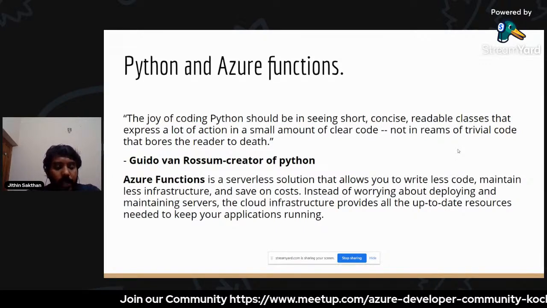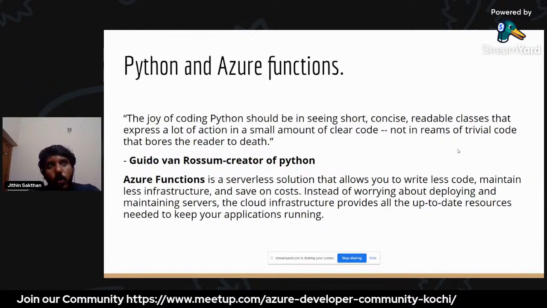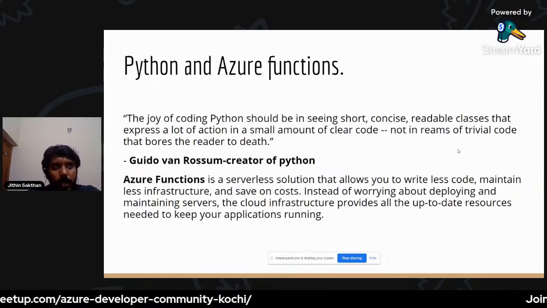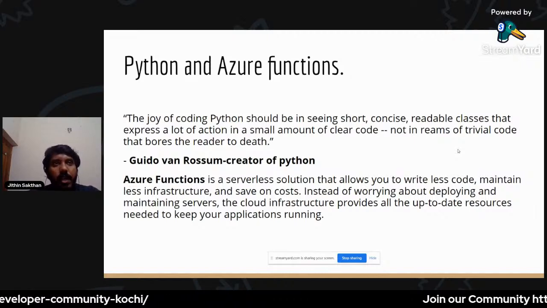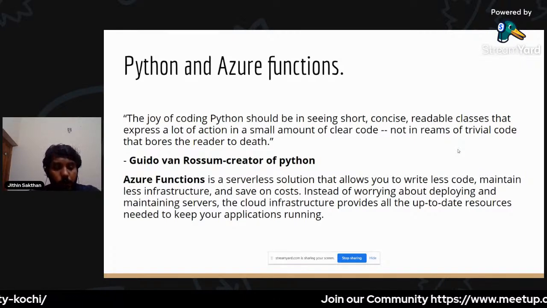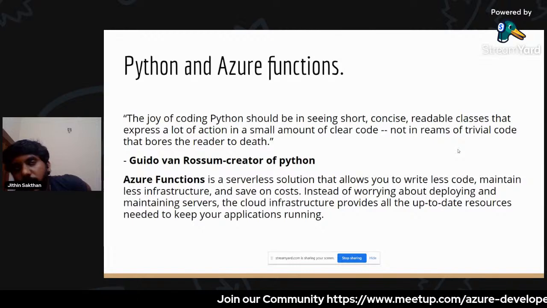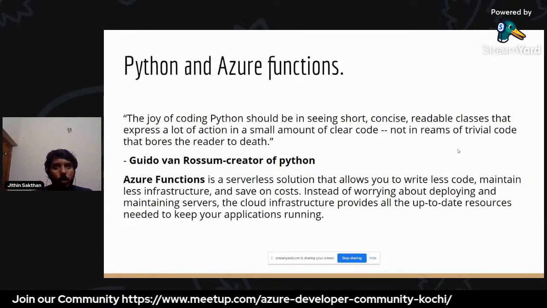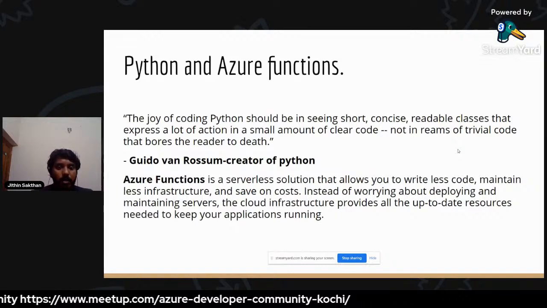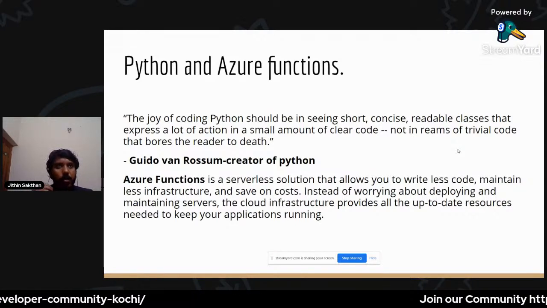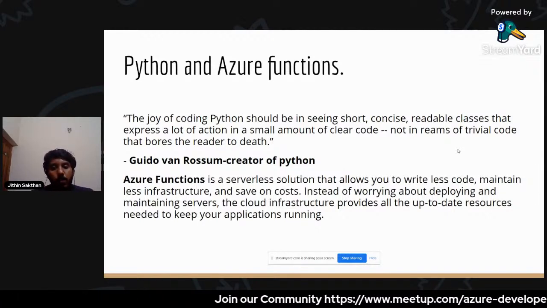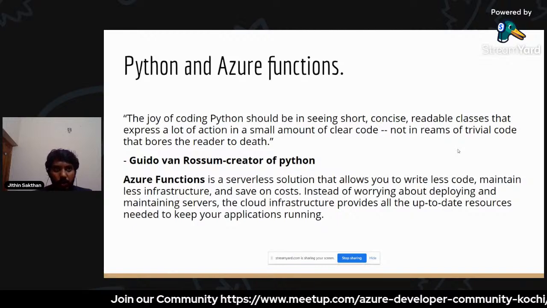The second thing is Azure functions. So what are Azure functions mainly? In one word, we can say it's serverless computing. That means it's abstracted from servers. We are not bothering about the server related things, maintaining less infrastructure and saving on cost. We are not worrying about the deployment and maintaining the servers.